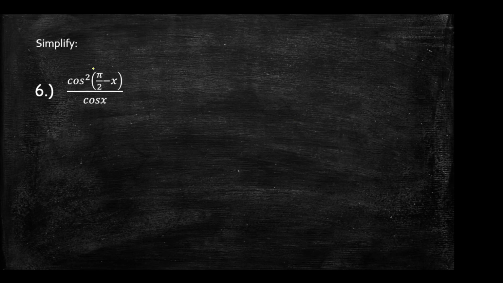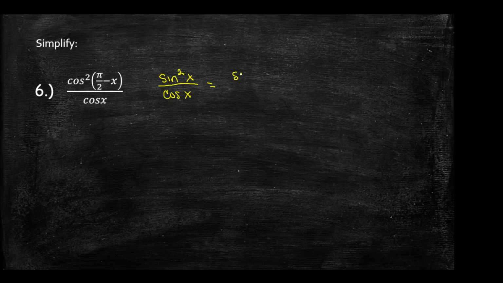So cosine squared, and then this is that pi over 2 minus x, right? So this turns this whole thing into sine squared x over cosine x. And what I could do is break this up into 2 multiplication problems, right?